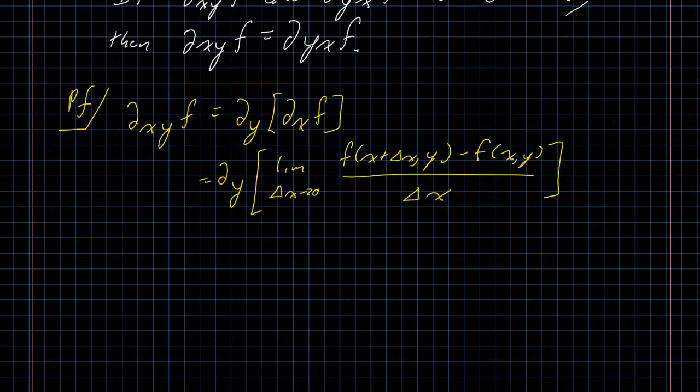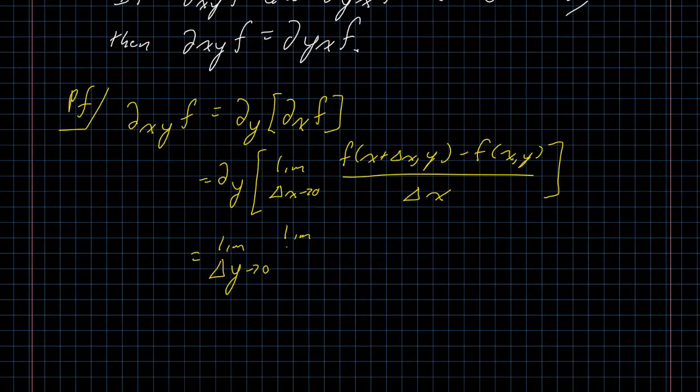And to differentiate this thing with respect to y, notice that y is constant. That was the big idea that let us do all the things that we were doing. And so I can simply take the limit as delta y goes to 0 of this expression.